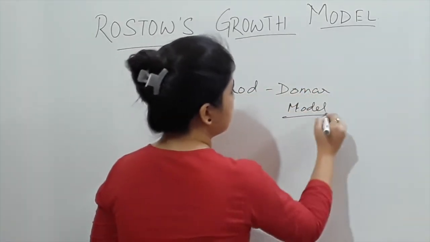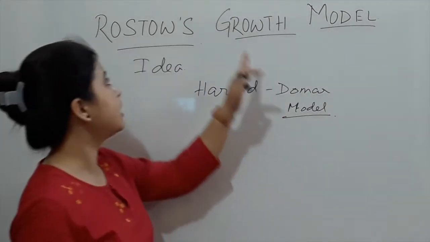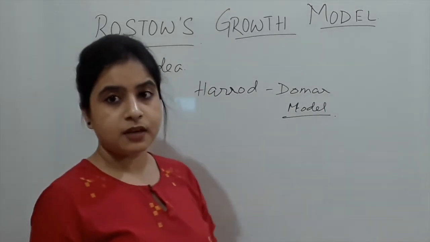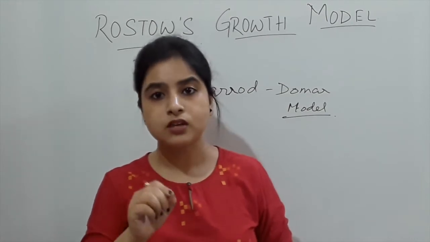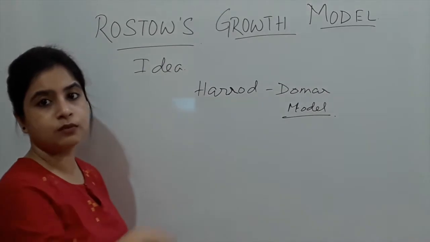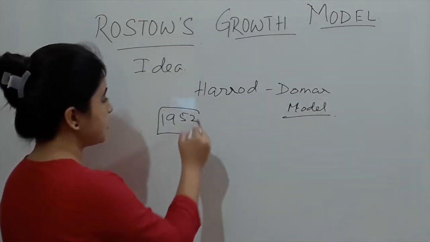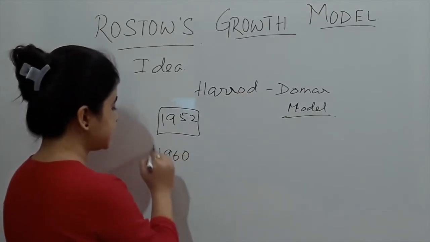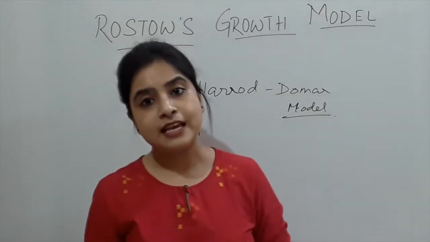On the basis of the key concepts of this model, the basic idea of Rostow was developed. In 1952, Rostow published his famous book, The Process of Economic Growth.